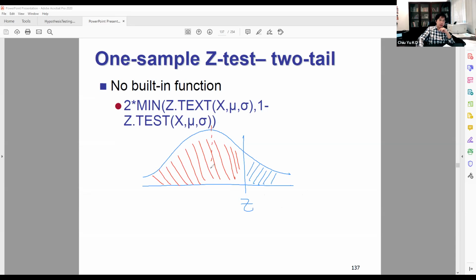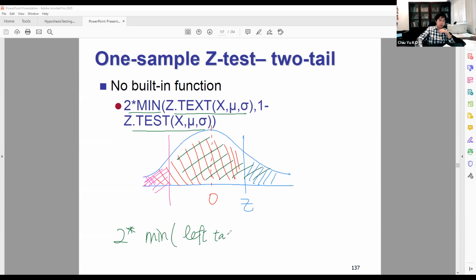Because this is symmetric about 0. If you're on the right, you take the smaller one, the right-hand side. If you're on the left, either you have this side or you have this other side. That's why it's the minimum of the left and the right. So it's 2 times the minimum of the left tail or the right tail. Is that okay for this one?